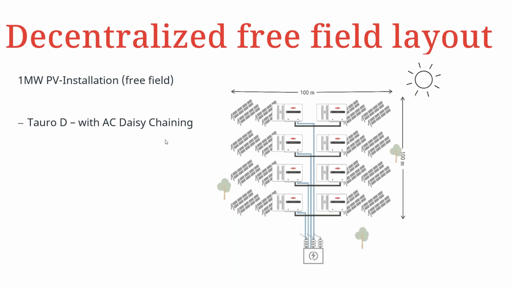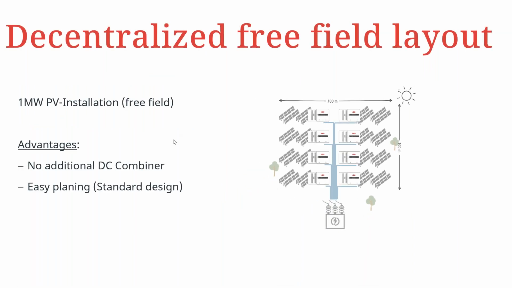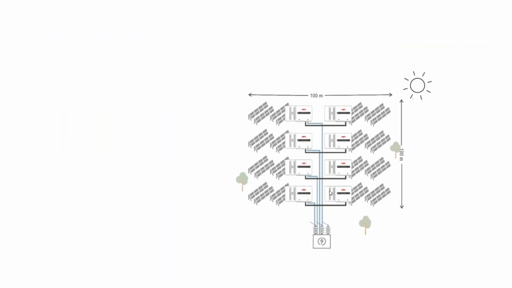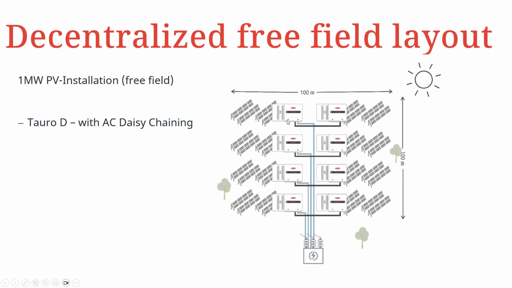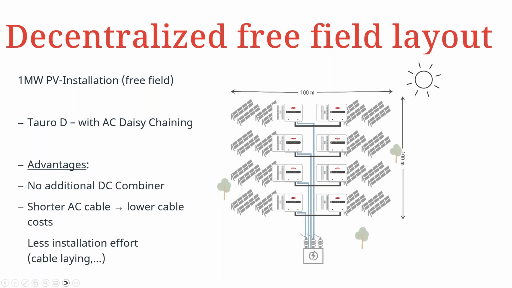So if you notice from the previous topology, we had 8 long runs of AC cabling, but in this case, we're just having 4. And this is made possible because we're able to AC daisy chain 2 inverters. So instead of having 2 long runs from these 2 inverters, we're just having 1 run of AC cabling to the main distribution frame.